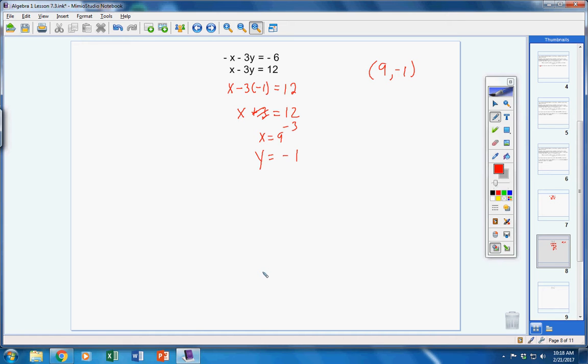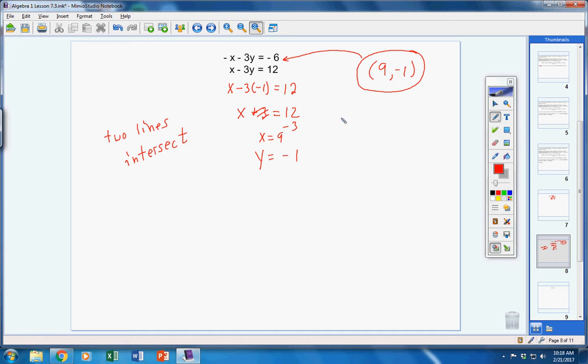Alright? Now let's not, as the saying goes, lose sight of the forest for the trees, okay? Don't forget that what you basically just did is you found where these two lines intersect. Now I know, guys, you also found the solution to the linear system, and that's fine, that's good. So this is the solution to the linear system, I got that.